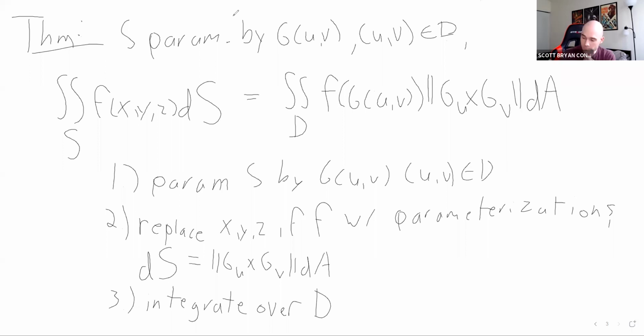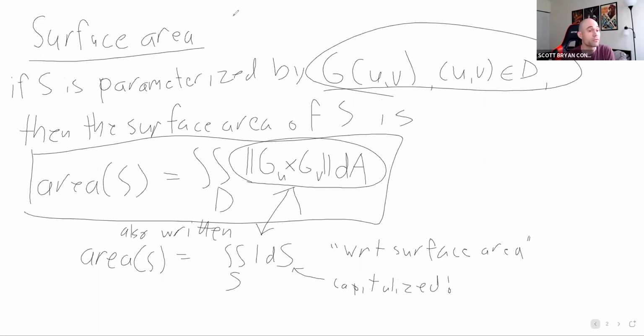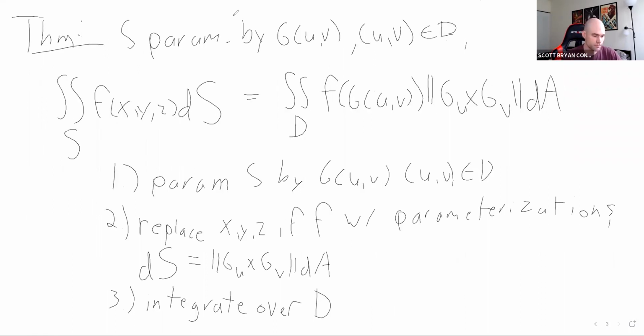But also you need to remember that the surface area is just the integral of 1 over the surface with respect to surface area. Okay, so this is three simple steps to write down, but in practice, step 1 and step 2, well, all of these often are rather involved.